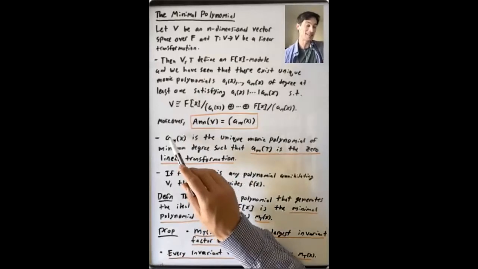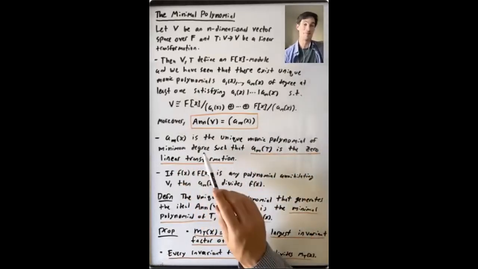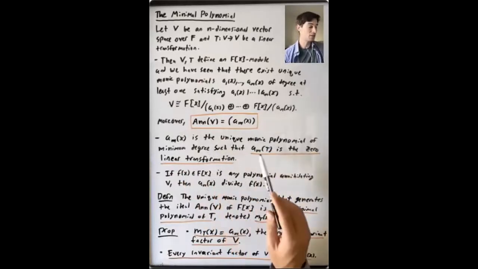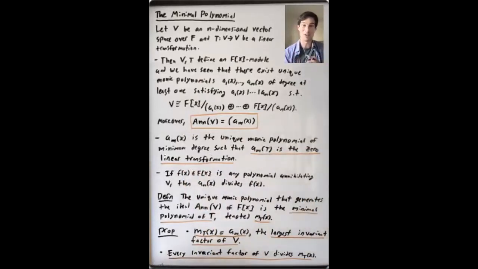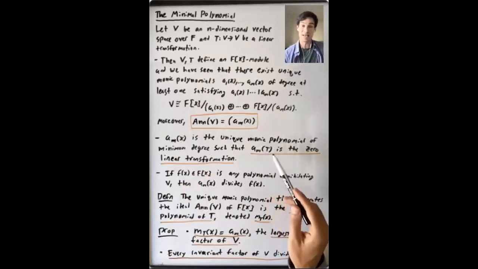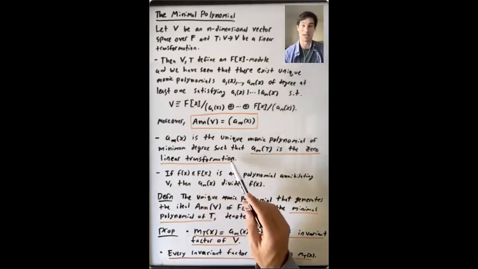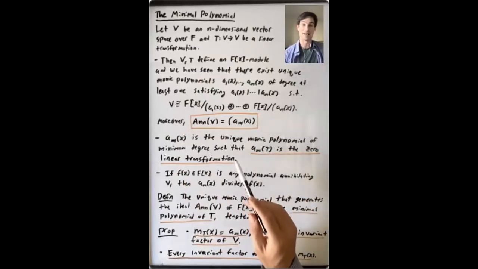So what is am(x)? It's the unique monic polynomial of minimum degree, such that if you put in T for x, you get some big polynomial expression in T, and that acts on V, that gives a linear transformation, and we want that to give the zero linear transformation. That is, we apply this to any vector in V, and we always get the zero vector.